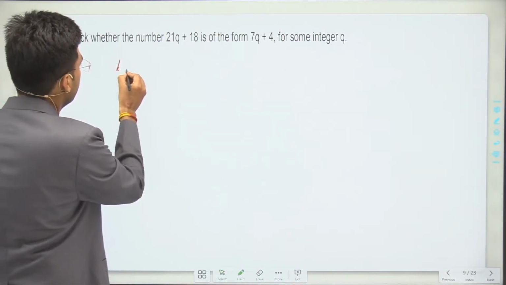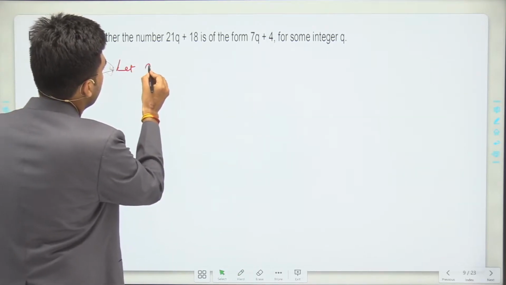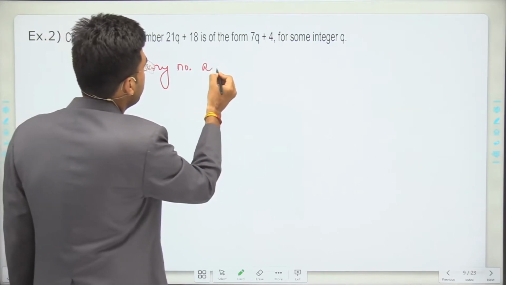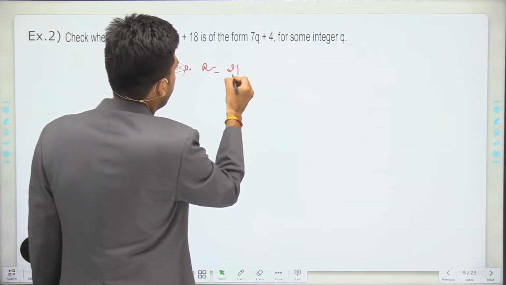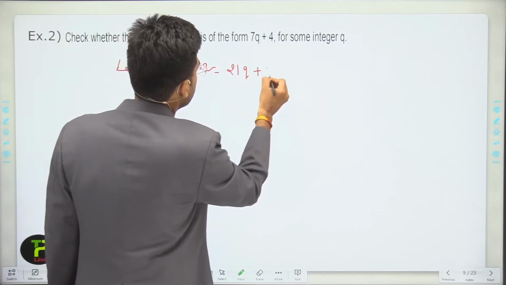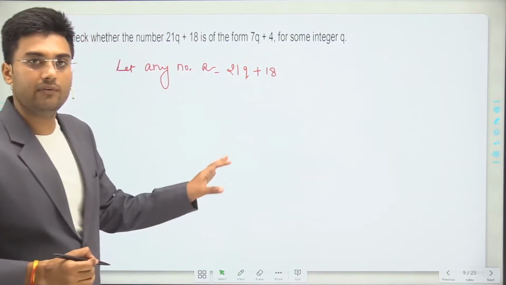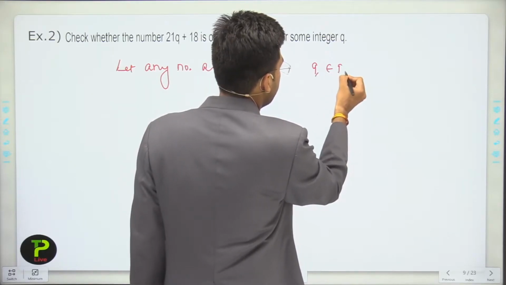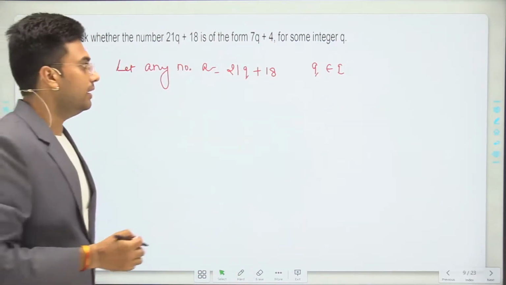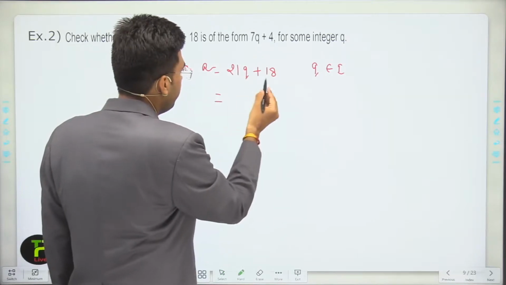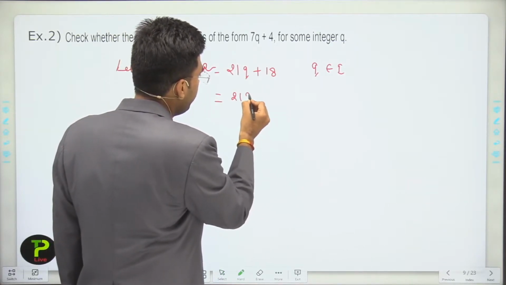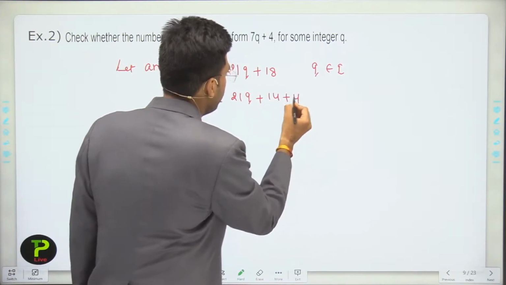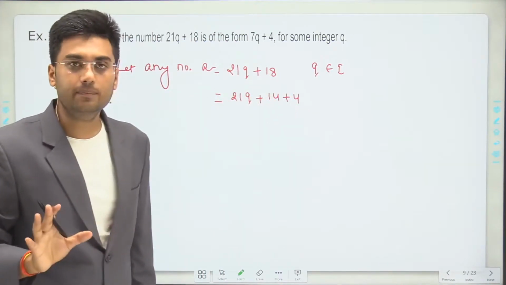Let any number a is equal to 21q plus 18, where q is some integer. Now students, if we write it as 21q plus 14 plus 4, then these two numbers are the same.